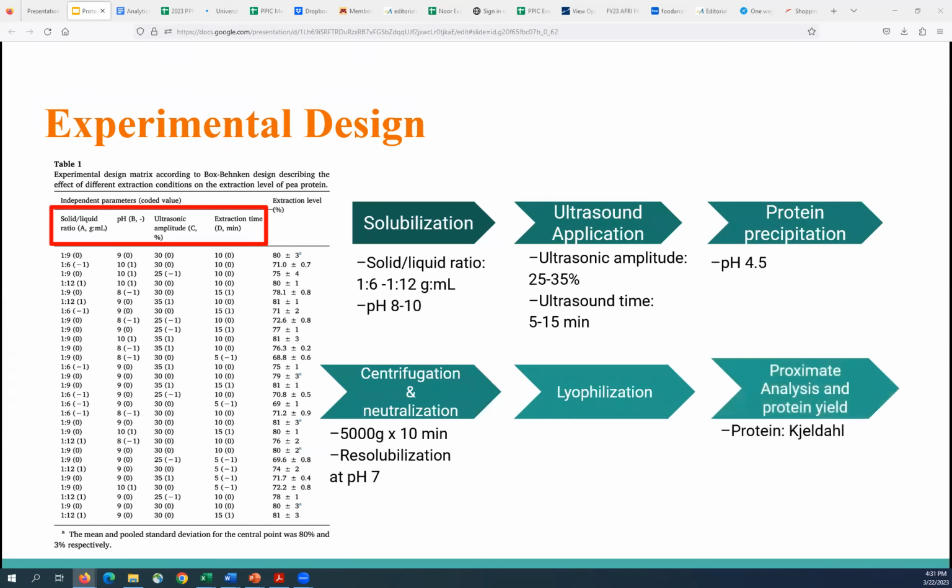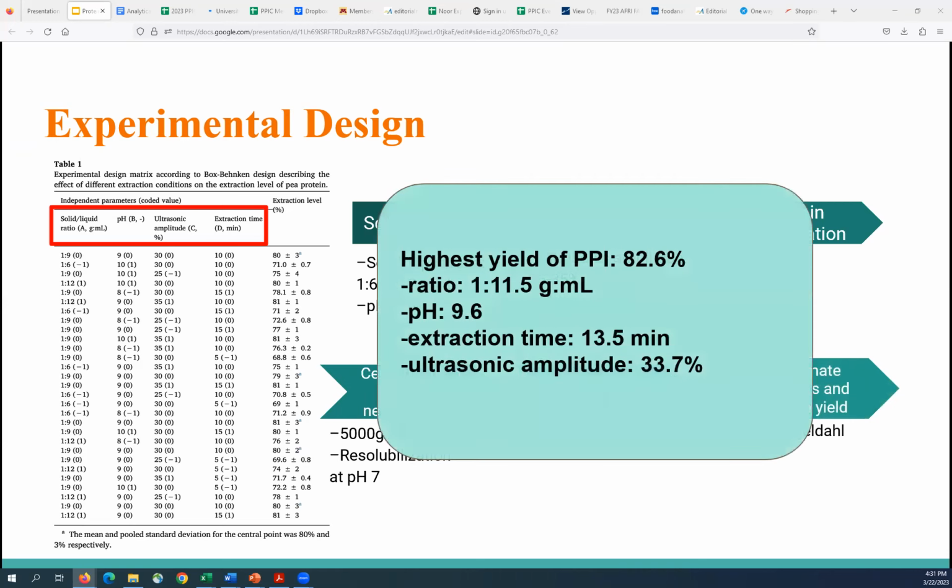The proximate analysis and protein yield were measured. Traditional alkaline extraction was used as a control under optimized conditions. So it turned out that the highest yield of pea protein isolate reaches 82.6% at ratio 1 to 11.5, pH 9.6, extraction time 13.5 minutes with 33.7% ultrasonic amplitude.